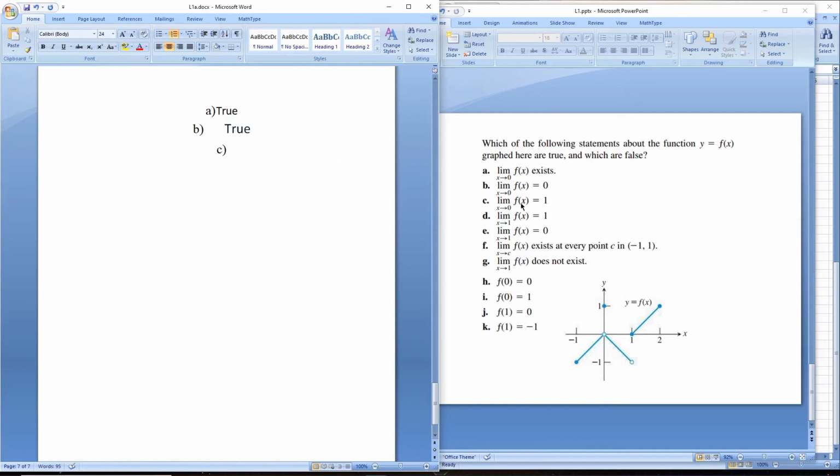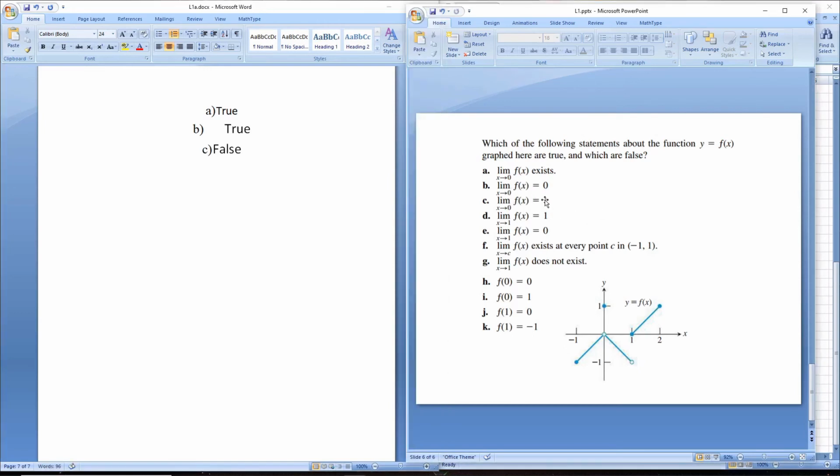So now we want to know the limit of the function as we go to 0. Does this equal 1? Well, that can't possibly be true because we just concluded B is true. So any other answer would have to be false. But let's take a look at that really quickly. As we approach 0 from the left, we end up at a height of 0.